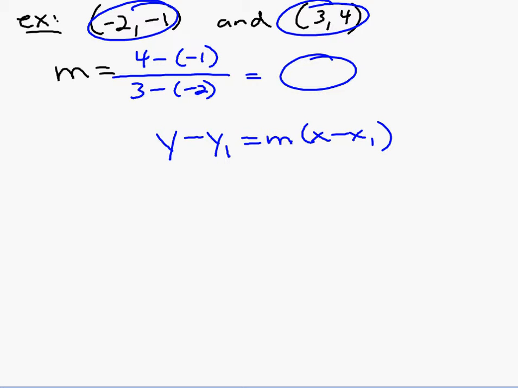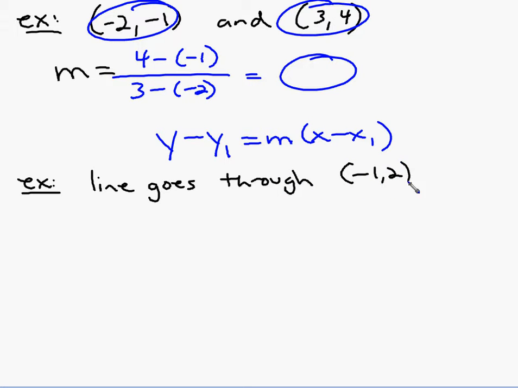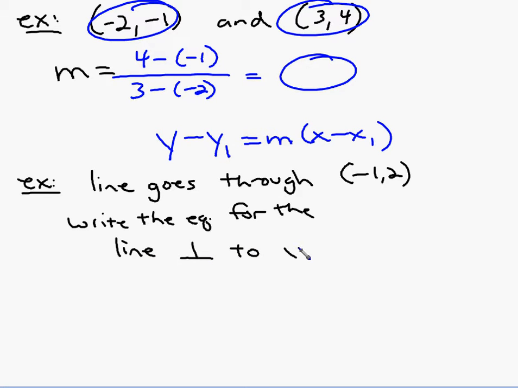What if they said, here's a line that goes through the point (-1, 2), and they want you to write the equation for the line perpendicular to y equals 3x minus 4.